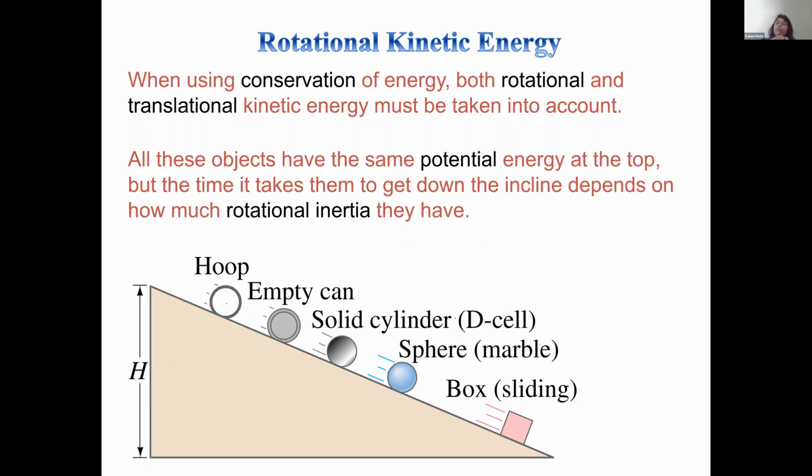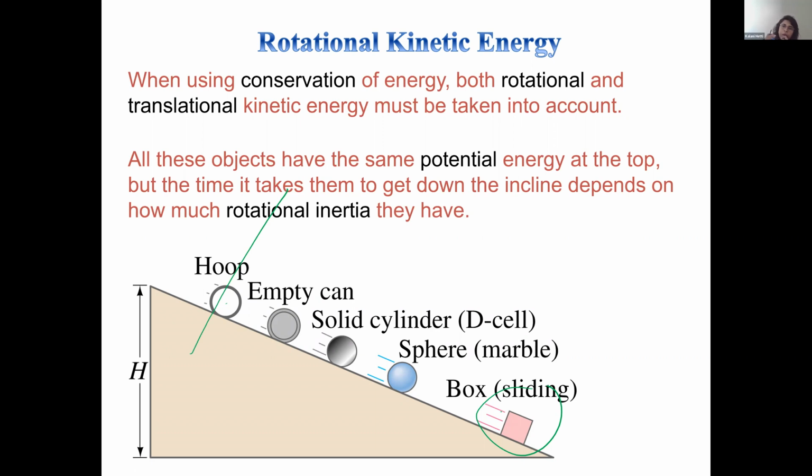Since they have different I, that means different moments of inertia, they will land at different times. If I start all of them at the same time on this line, the first one to reach the bottom will be the box, then the sphere, then the solid cylinder, then the empty can. The hoop will be the last one, because its moment of inertia is greater than all the other objects. That will slow down the motion.